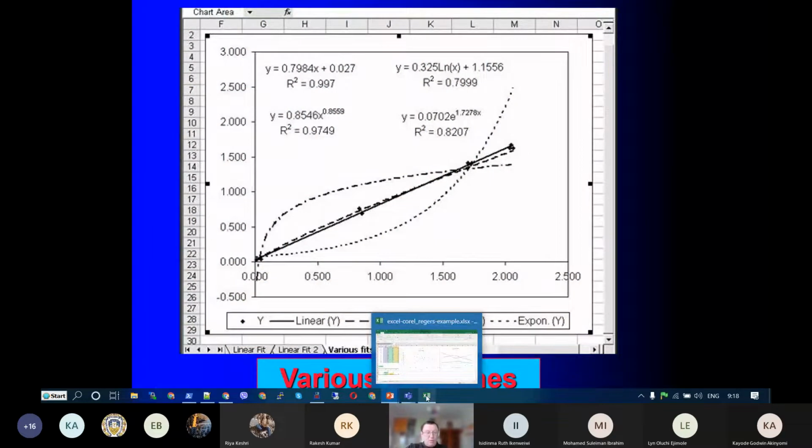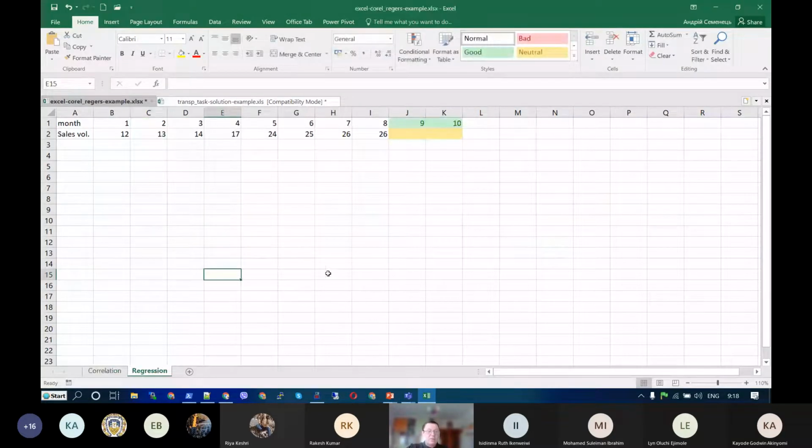Let me also show a brief practice on this. So here we have sales. In this case, I use a simple business task. We have some sales, for example of medicine or so, and we want to make a prediction for the future 2 months.